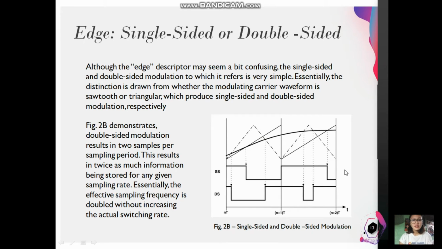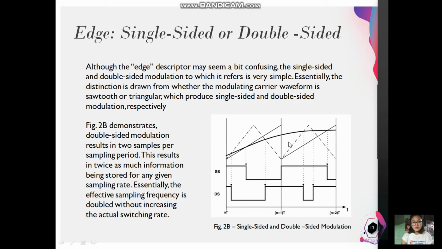So edge, single-sided or double-sided. Although the edge descriptor may seem a bit confusing, the single-sided and double-sided modulation to which it refers is very simple. Essentially, the distinction is drawn from whether the modulating carrier waveform is sawtooth or triangular, which produces single-sided and double-sided modulation respectively.